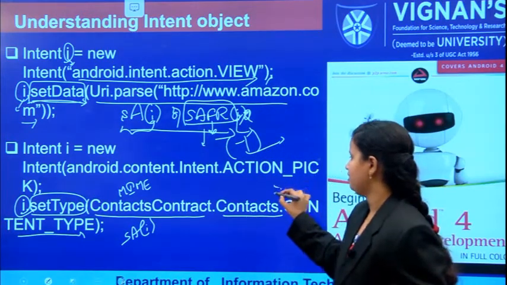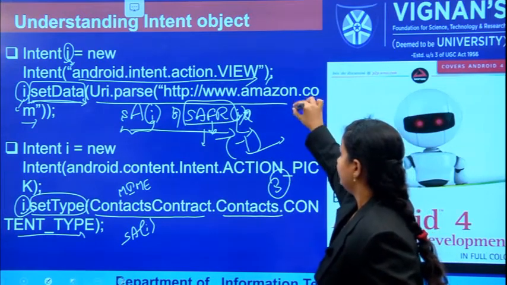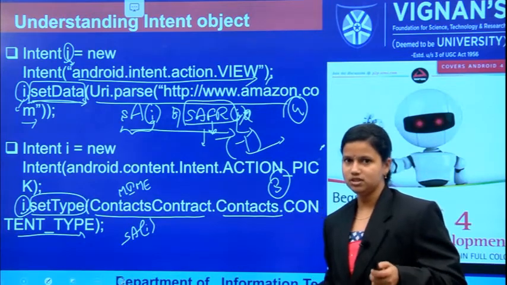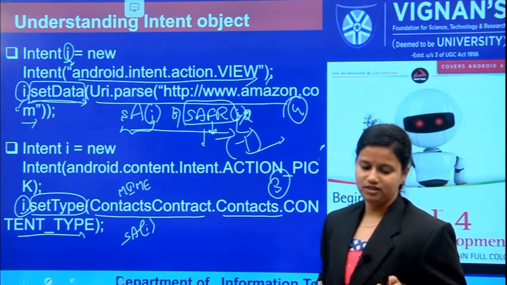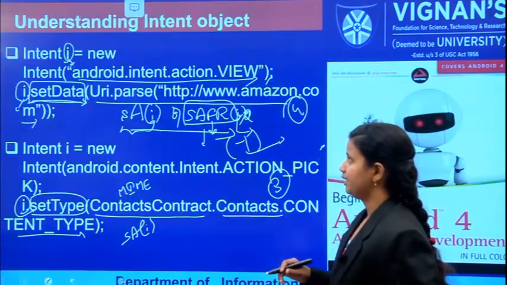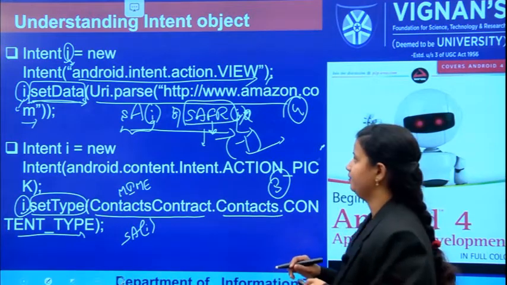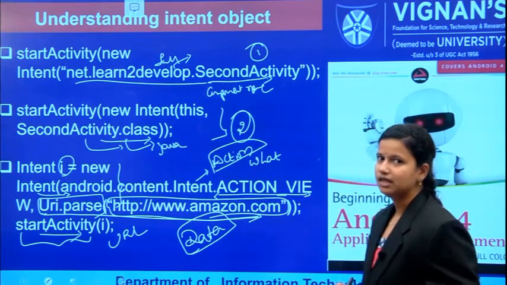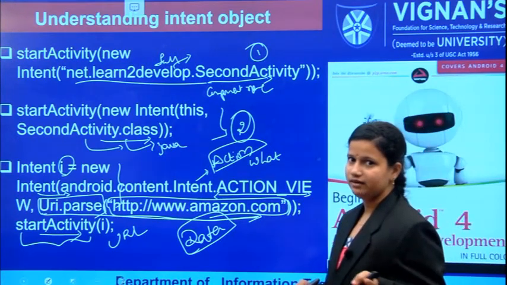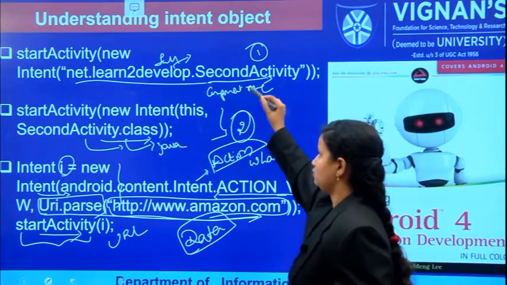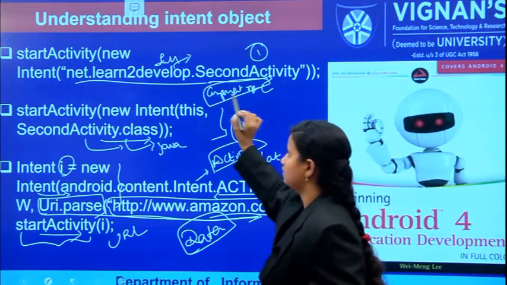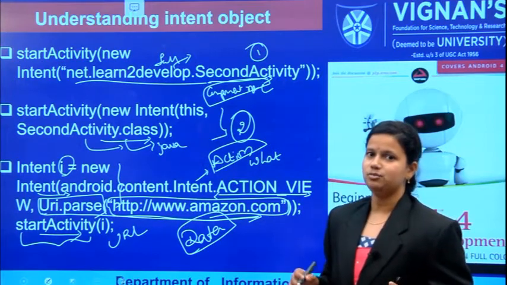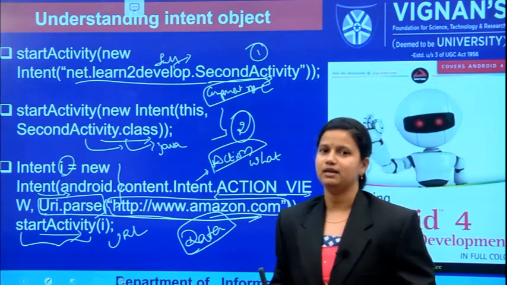So totally, how many ways are we observing the intent object? The intent object can be used in different ways. The first way is that we call startActivity directly and provide a component name. The component name is the name of your activity that is given in your Android manifest file.